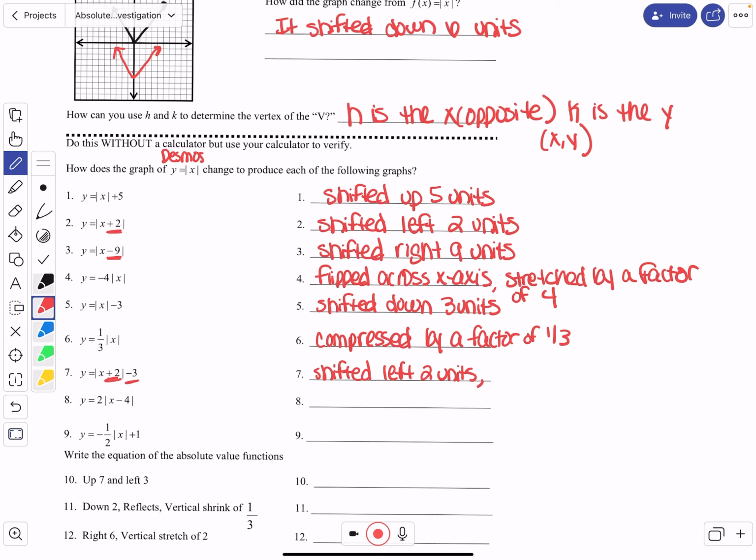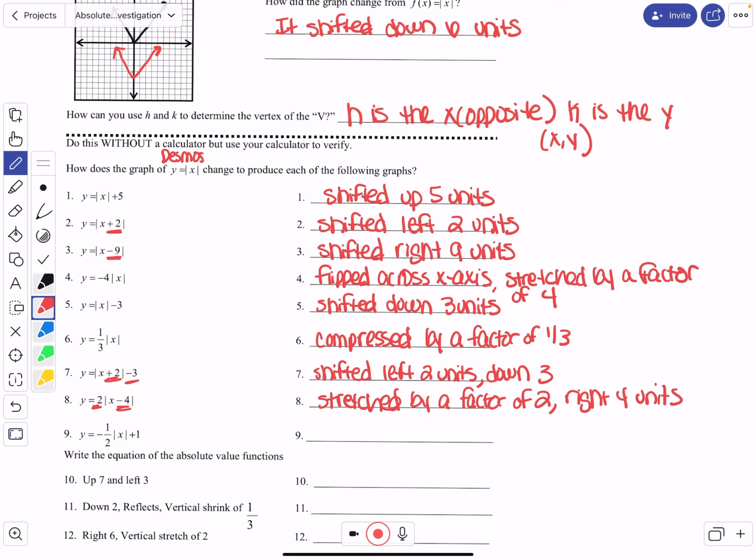And then the -3 on the outside and down 3 units. Okay. Number 8, the 2 out front, stretched by a factor of 2. And then the -4 on the inside is going to be right 4 units.